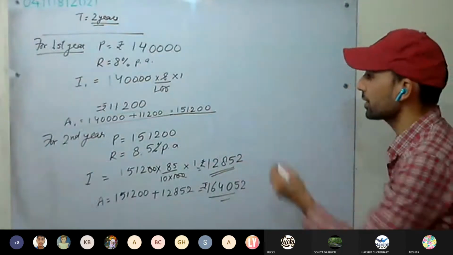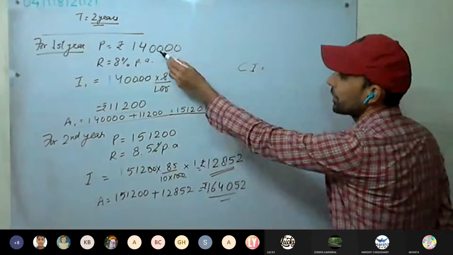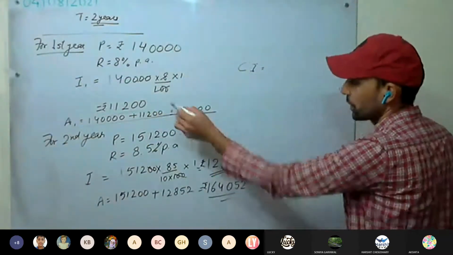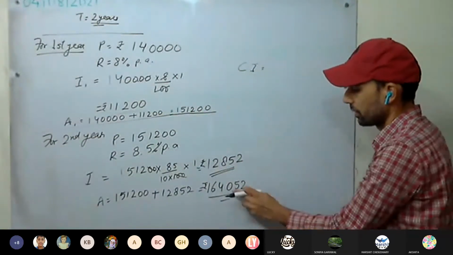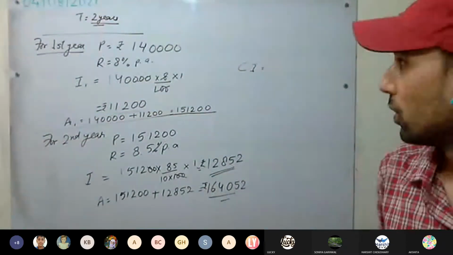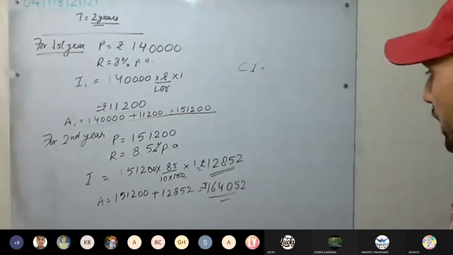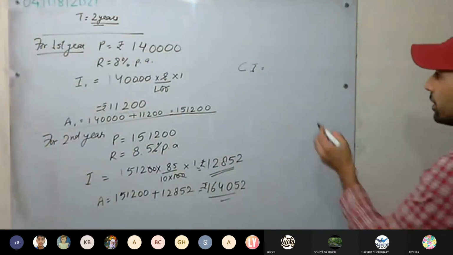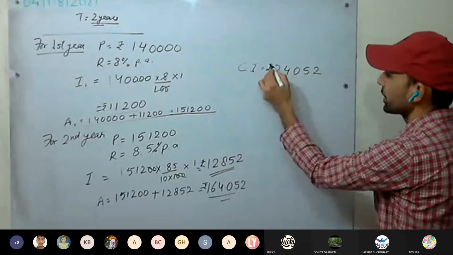Okay. How much compound interest? Either you subtract 1,40,000 from this one, or you add these two interests. How much are you getting? 24,052 rupees.